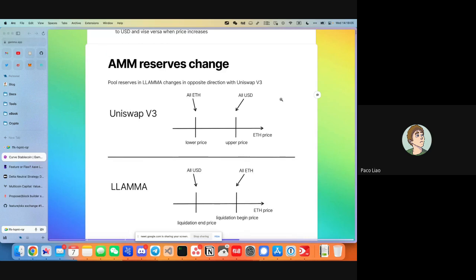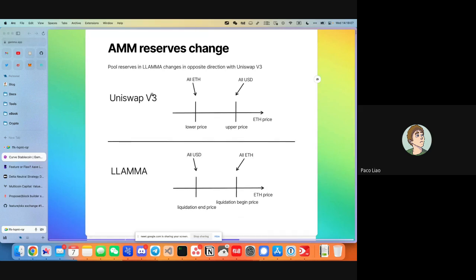So what's the difference between Llama and Uniswap v3? The main difference, I think, is how the pool reserve changes. In Uniswap v3, this is a Uniswap v3 range, and it has a lower price and an upper price of the range.